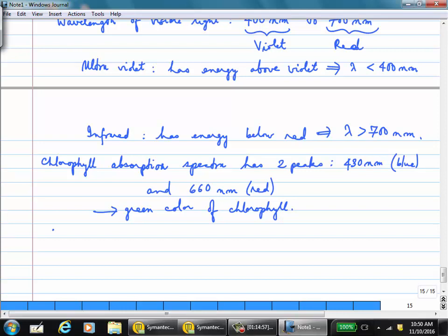Now suppose initially chlorophyll is in the ground state, but then it absorbs blue light. So then it will go to a much higher energy state, a higher excited state.